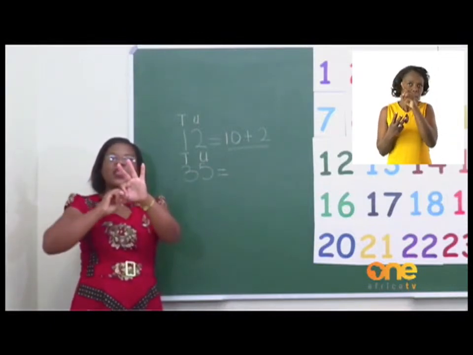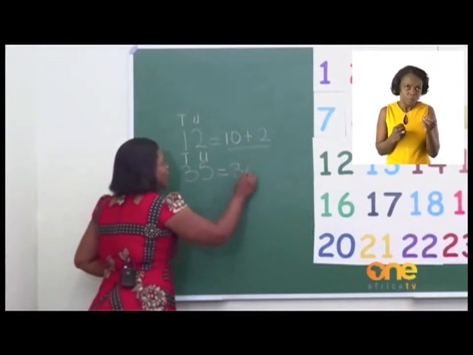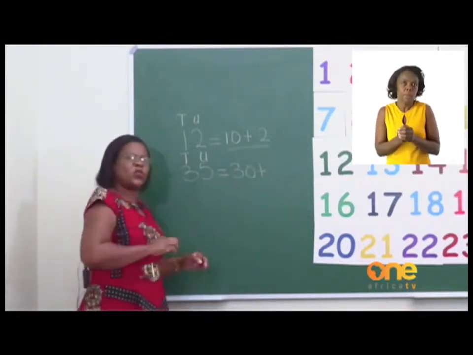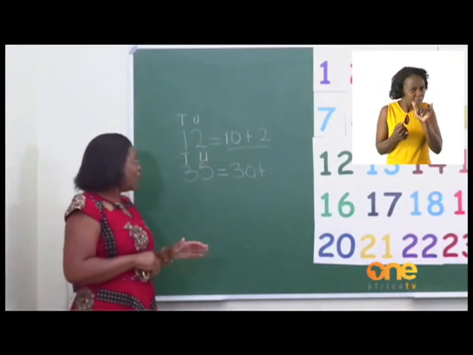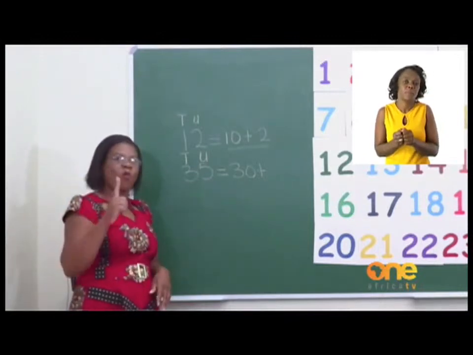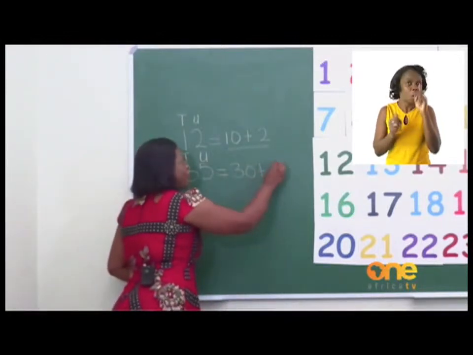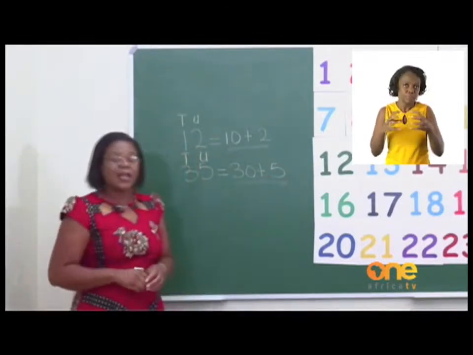Therefore, it's a 30. 10, 20, 30. Plus, how many units do we have? Remember, the units remain. We don't have to count how many. The same number is a unit. Unit means 1. Therefore, a 5 remains. That is how we have broken down that number.